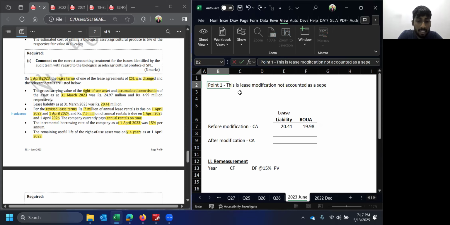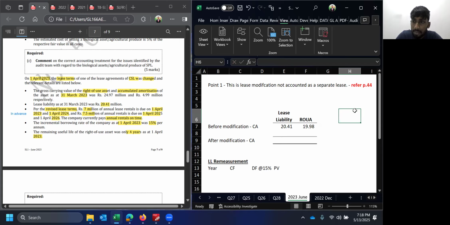Why? Because there is no change in scope. So you can refer to para 44 for this. This is what you first need to mention.